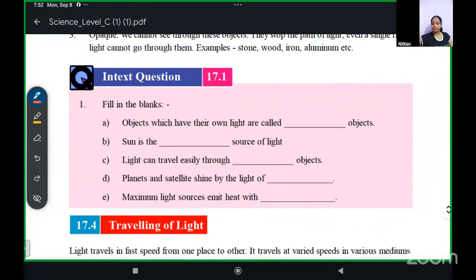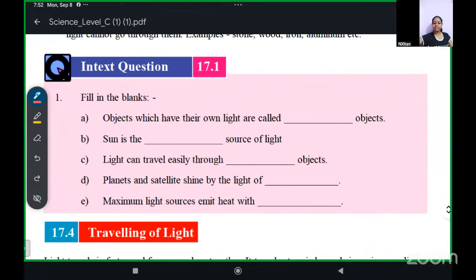Objects which have their own light are called dash objects. Luminous objects. Sun is the dash source of light.